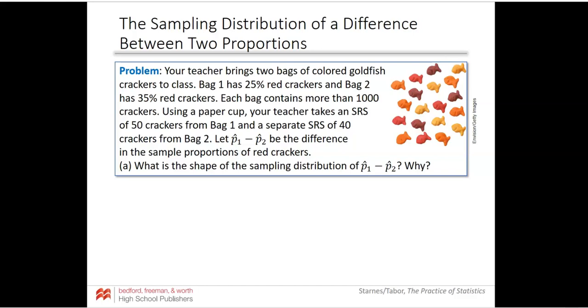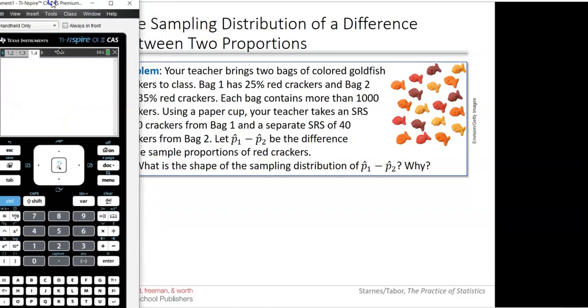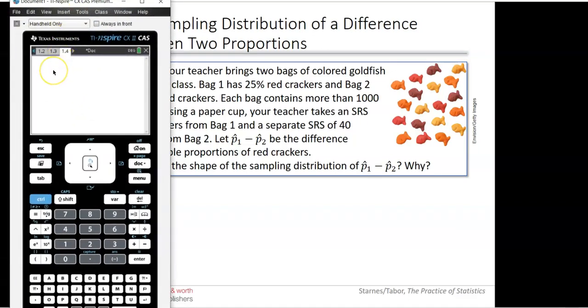What is the shape? So what do we have to check for that? We've got to check NP greater than or equal to 10. So you get out your calculator and you do 50 for the first bag: 50 times 0.25 and 50 times Q, which is 0.75.